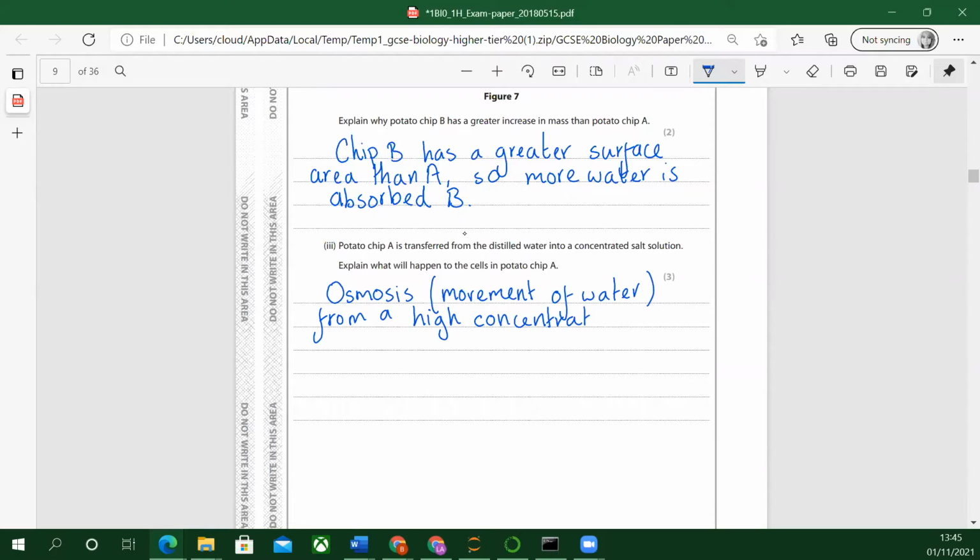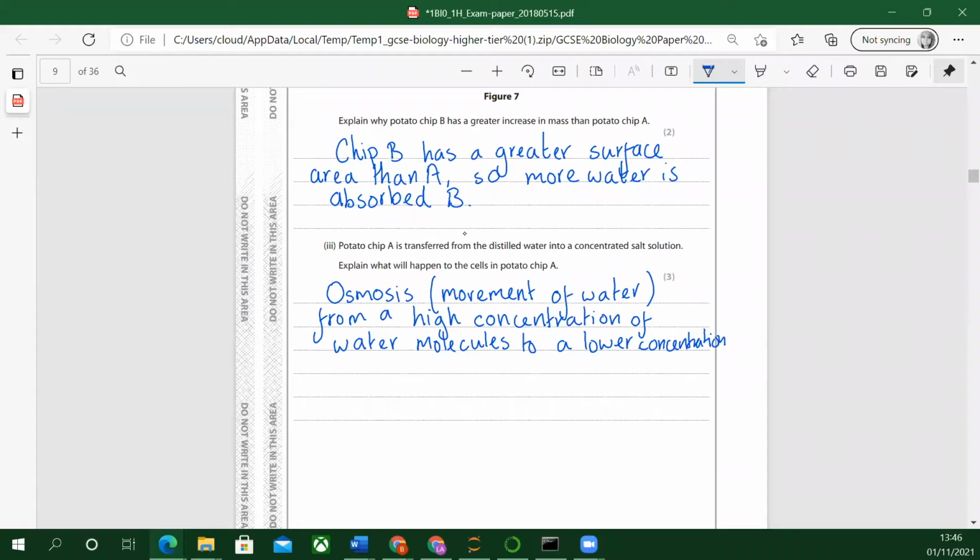Diffusion can be for different things, but this is for water. Diffusion is for things in the water, when osmosis is the water. So we know what osmosis is, and then we just say what's going to happen.